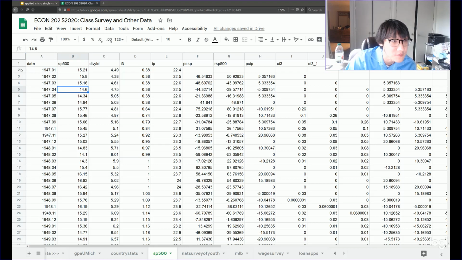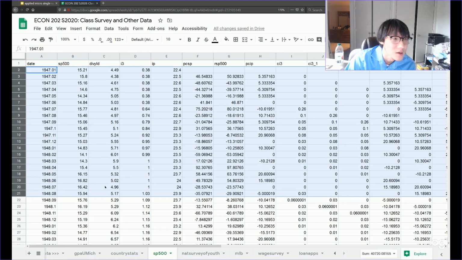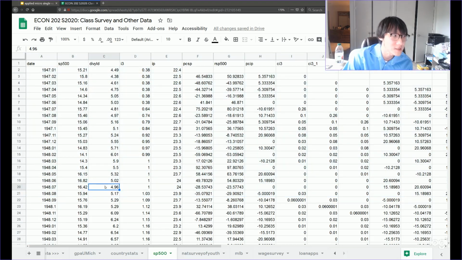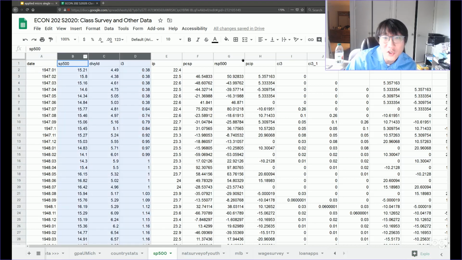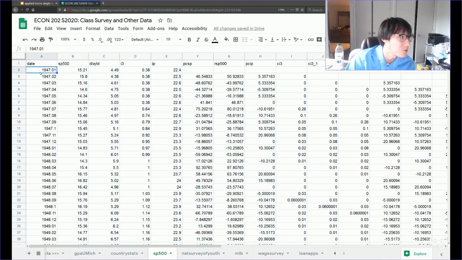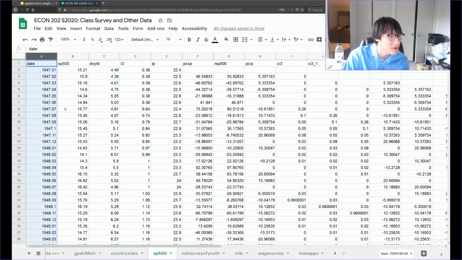The unit of observation is just a unit of time, but we don't have any sort of cross-sectional variation within that. So for a given date, it's not like we're looking at the value of 5 or 6 different stocks or something like that. Each of these variables over here is just specific to that particular date. So this is a time series data set. It contains variation only across time.